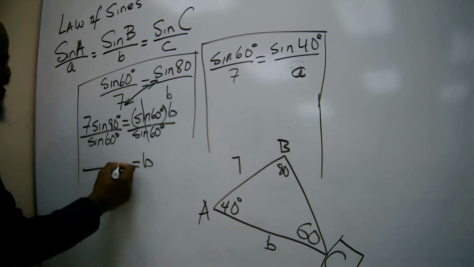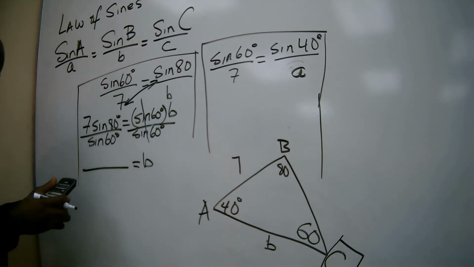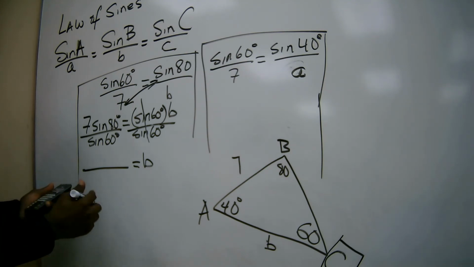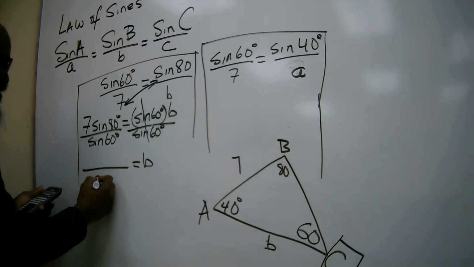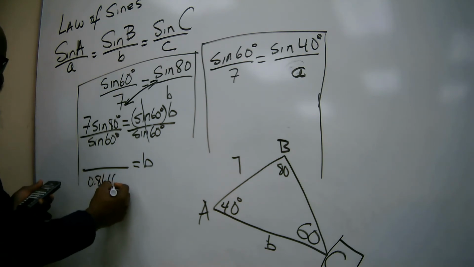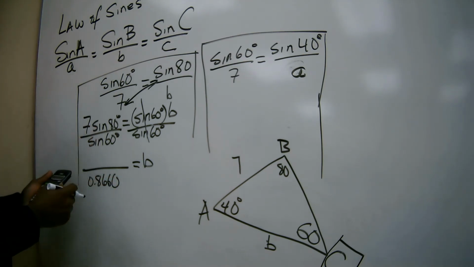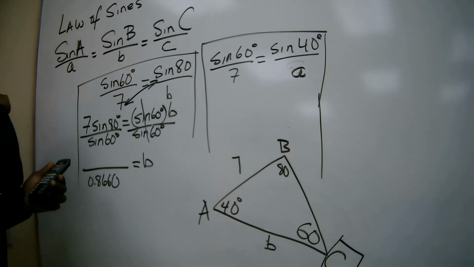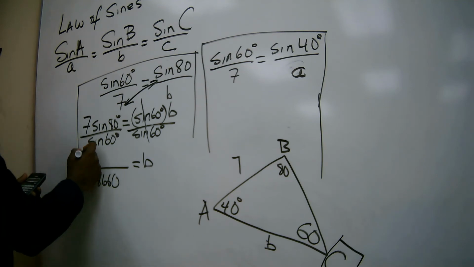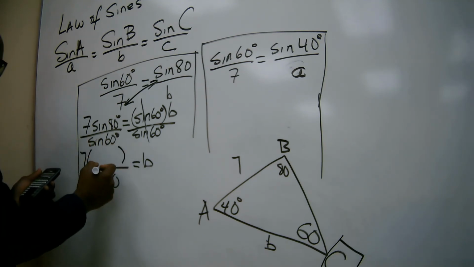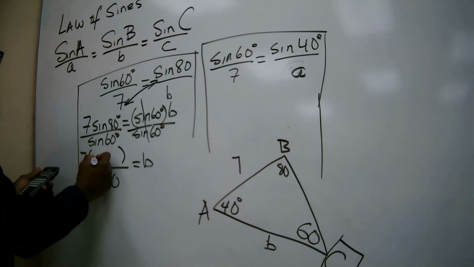I believe I did sine of 60 earlier, which is 0.8660. And I'm going to take sine of 80 times 7. I have to show you what sine of 80 is.